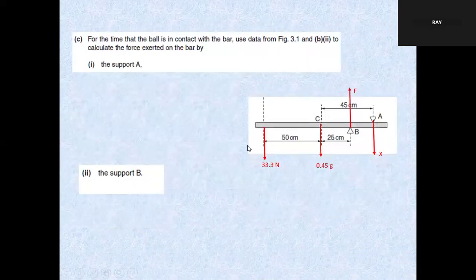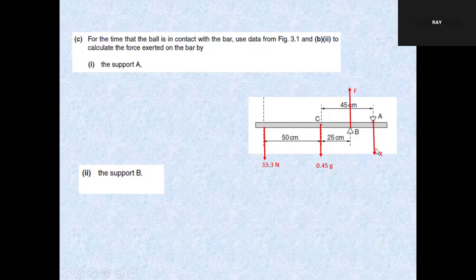You should be able to draw the forces acting on the plank for the time that the ball is in contact with the bar. Use your data from figure 3.1 and part B2 to calculate the force exerted on the bar by support A. Right? Support A is pushing down.